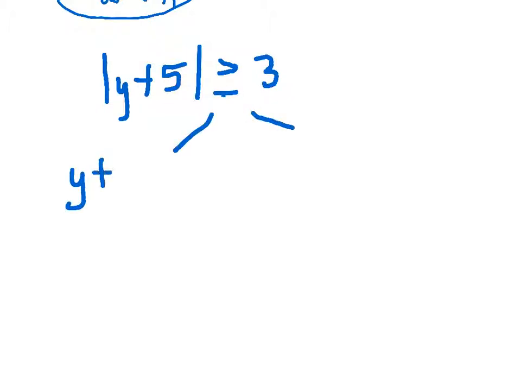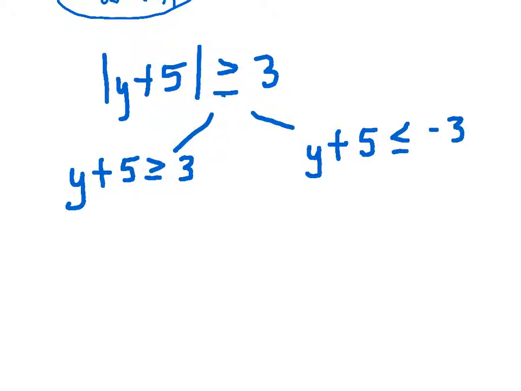The first one we're going to write is we're just dropping the absolute value sign and rewriting it exactly as it is. We're going to come back and solve that in just a minute. The other one, we drop the absolute value signs, and then we flip the inequality so that it's less than or equal to, and we want to change it to negative 3.